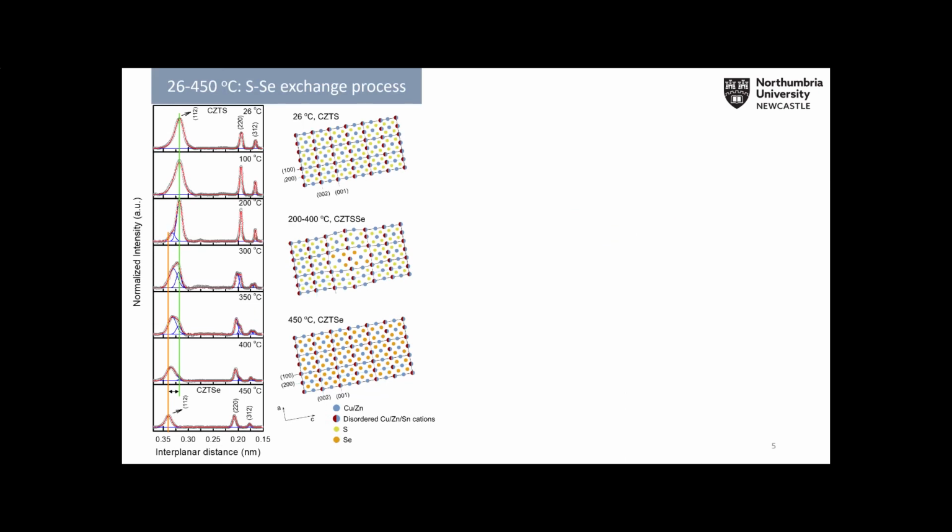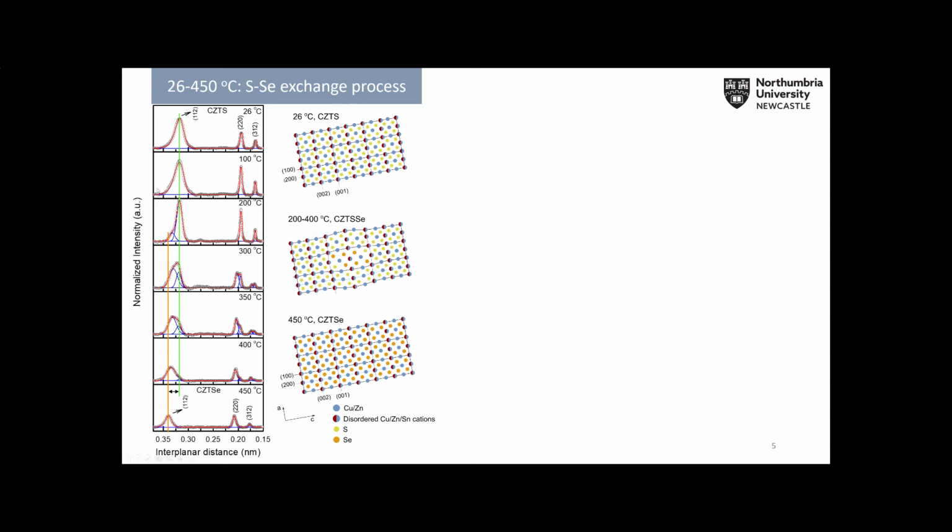The overall outcome is that the ion exchange between sulfur and selenium and the grain growth are two processes that are independent. And first, the sulfur to selenium ion exchange occurs in the low temperature range, up to 400-450 degrees.